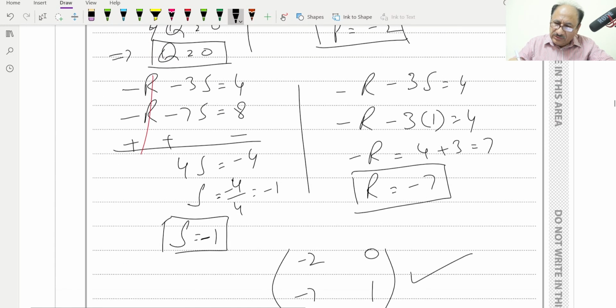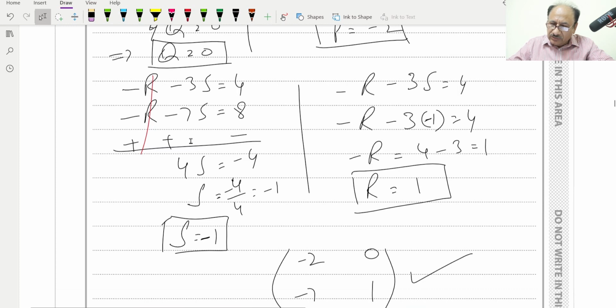So if S is minus 1, it means this will change, and this will be minus 3 over here, and this will be changing to 1, and R value will be equal to 1.